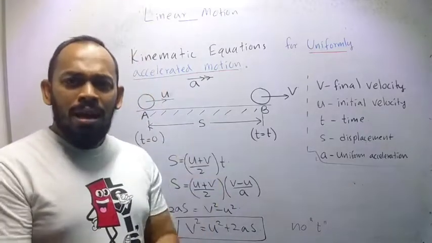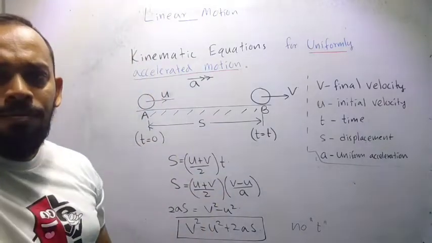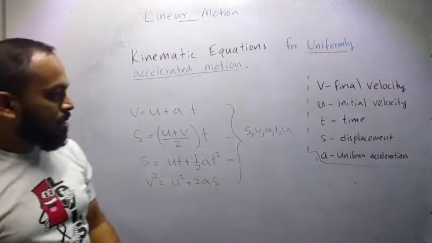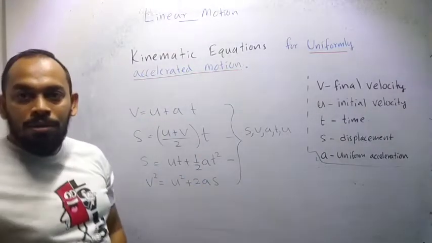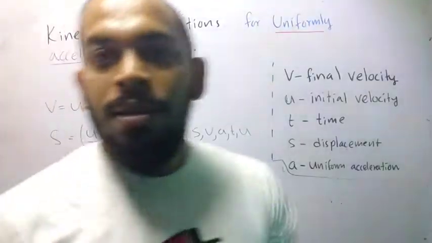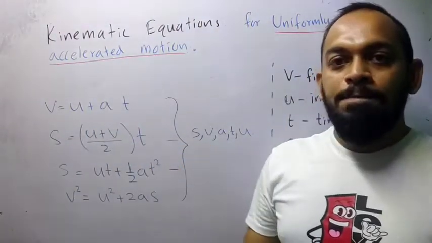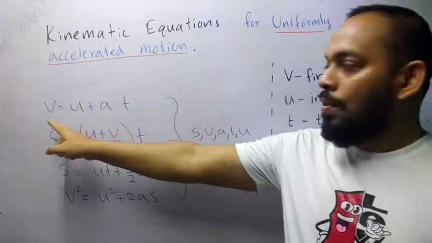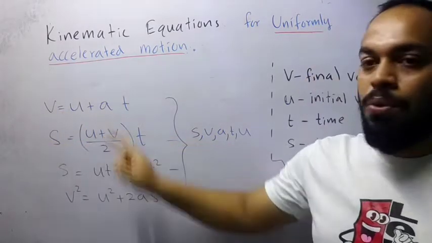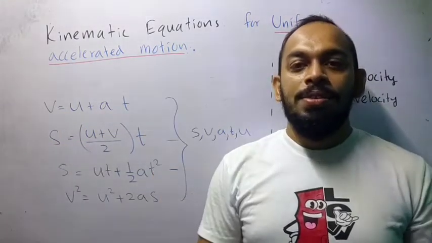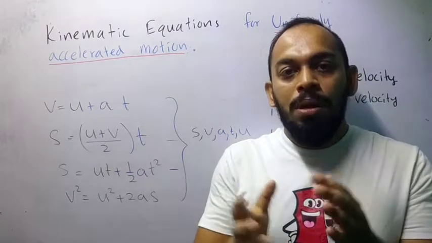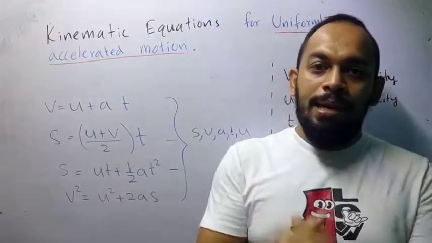Now let's analyze these 4 equations. Right, so these are the 4 equations I have listed out. Notice here v equals u plus at. How many unknowns are there? 1, 2, 3, 4. You have 4 unknowns. So this is a simple equation. Now problems could be simple and advanced.